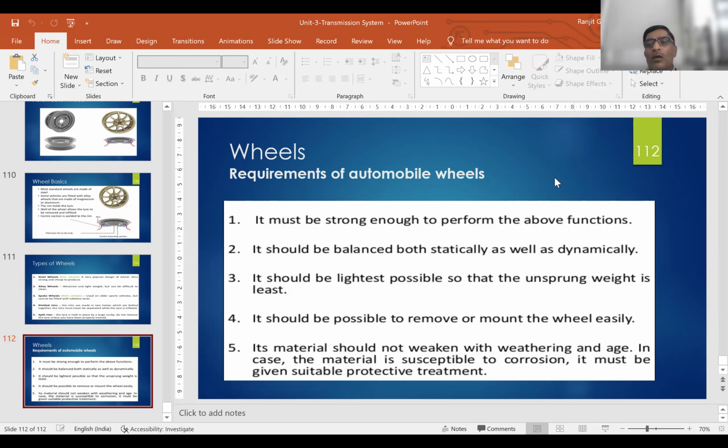This is a schematic figure which shows the steering system layout. So you can check this. This is the wheel, but here it is mentioned as only tire, but we need to steer the wheel.